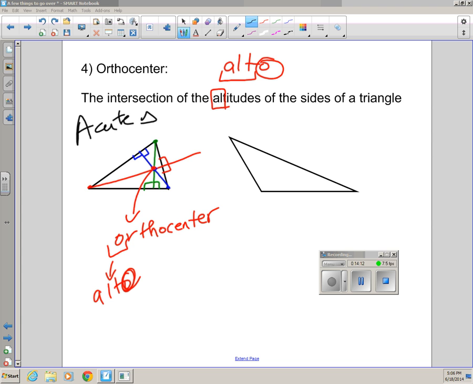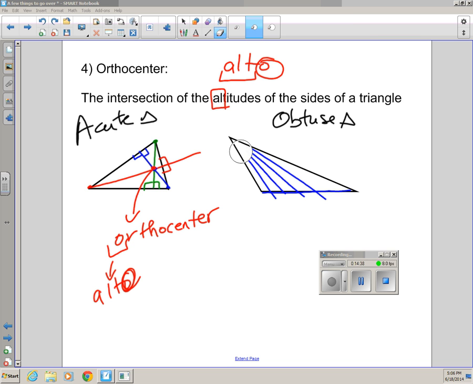In an obtuse triangle, it's a little weird. For example, if I wanted to draw an altitude from this vertex to the opposite side, I wouldn't be able to do it, because if I try to draw any line segment to this side, it's never going to be perpendicular.